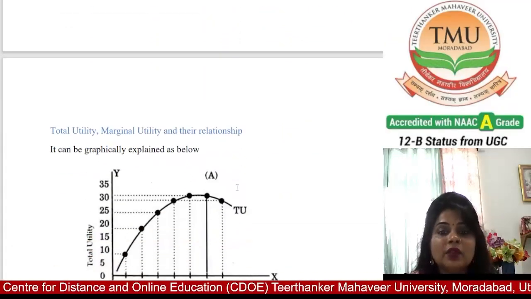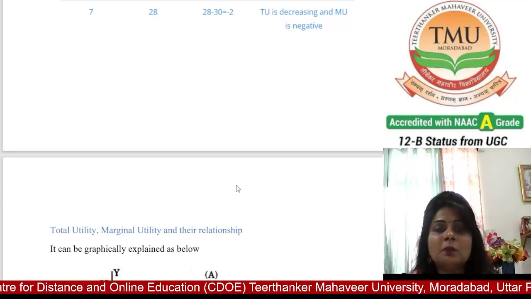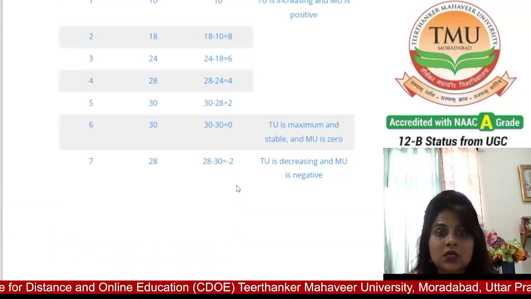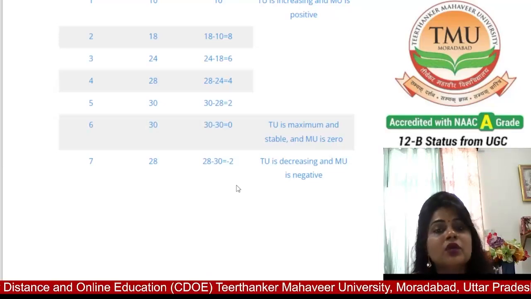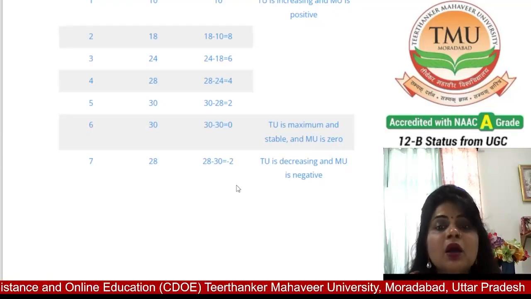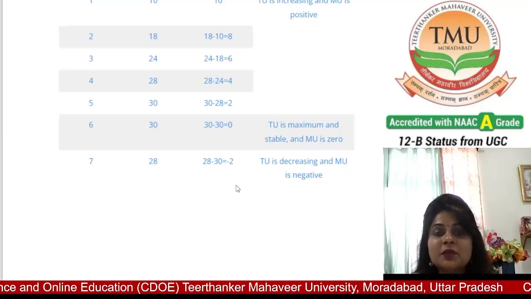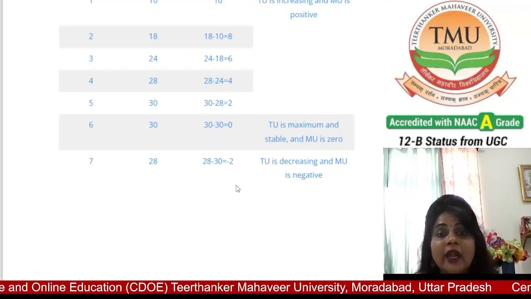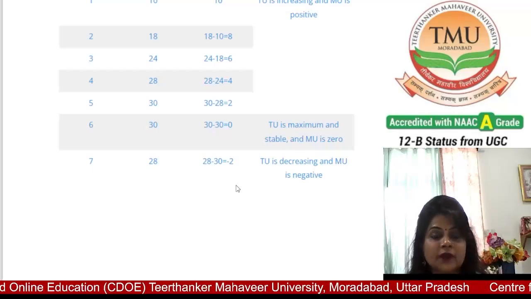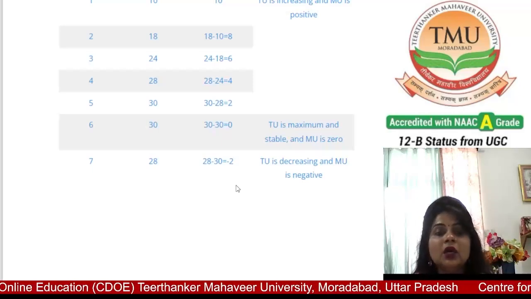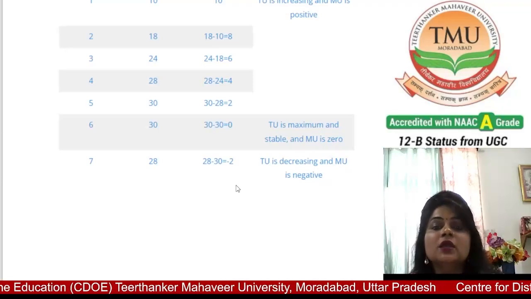In the above table, there are three forms of marginal utility: MU as positive, zero, and negative marginal utility. Up to 5 units of consumption, marginal utility is decreasing but remains positive, and total utility rises at a declining rate.